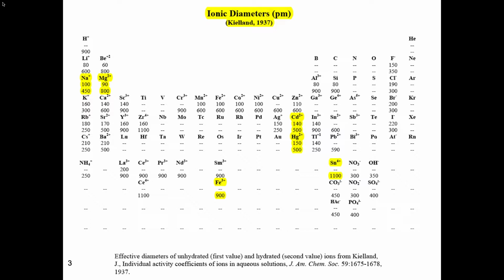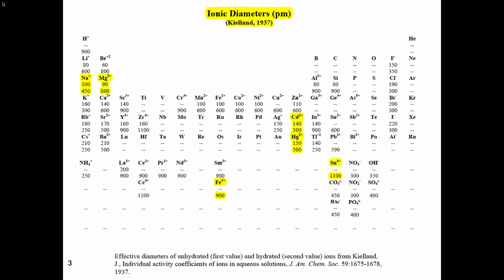And the difference between these two numbers reflects the waters of hydration that the ions carry with them as they diffuse through solution, and also as they would often diffuse through other media. One of the things that you can notice is that there is a trend in the relationship between hydrated ion size and unhydrated ion size.